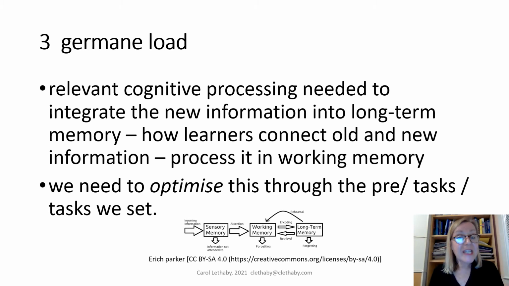And what we're trying to do through the tasks and the pre-tasks that we set learners is we're trying to optimize the germane load. So we're trying to create tasks which are going to help learners to connect old and new information.